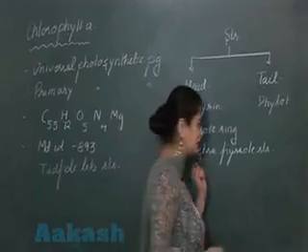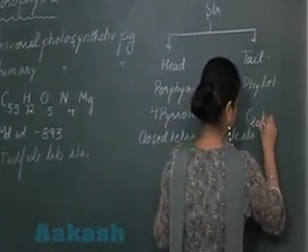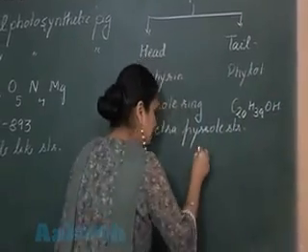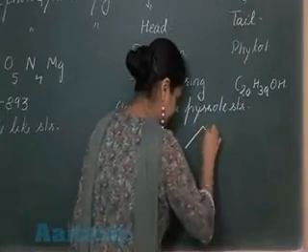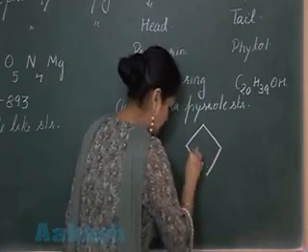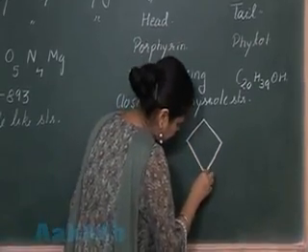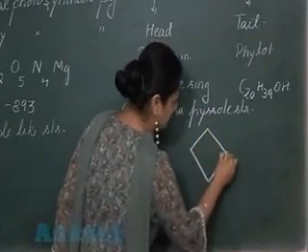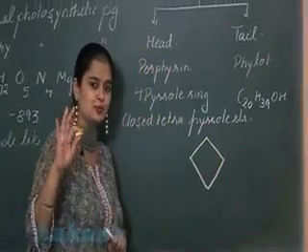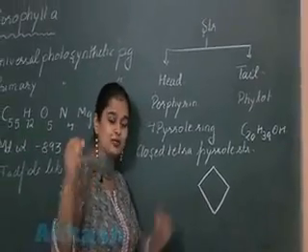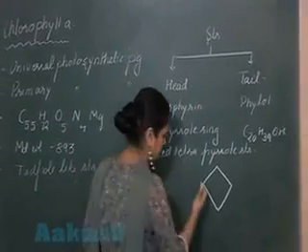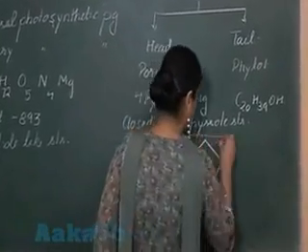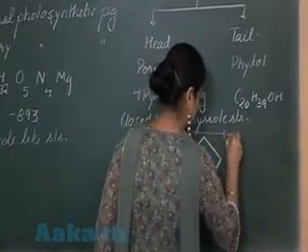Now coming to the tail, phytol tail. Now it is a 20 carbon tail, that is C20H39OH. Let's say that this part of the chlorophyll is representing head. तो हेड के अंदर ये जो 4 साइड्स हम दिखा रहे हैं, at the 4 sides there is presence of 4 pyrrole rings which are interconnected with each other, forming a closed structure, and the dimensions of head is 15 into 15 Angstrom.